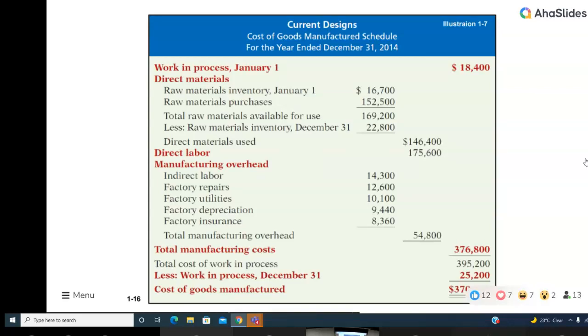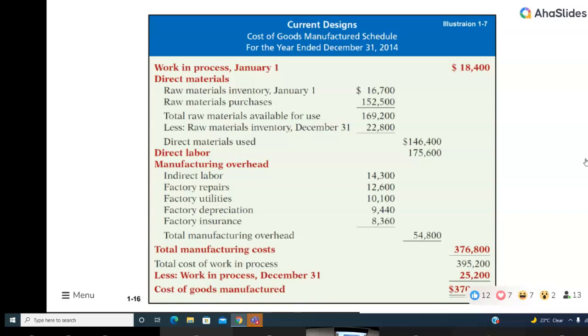I'm going to move over here. As you put together a financial statement, as you learned a long time ago, the outside column is the totals. The outside column, work in process, add cost of goods manufactured, total manufacturing costs, sorry.